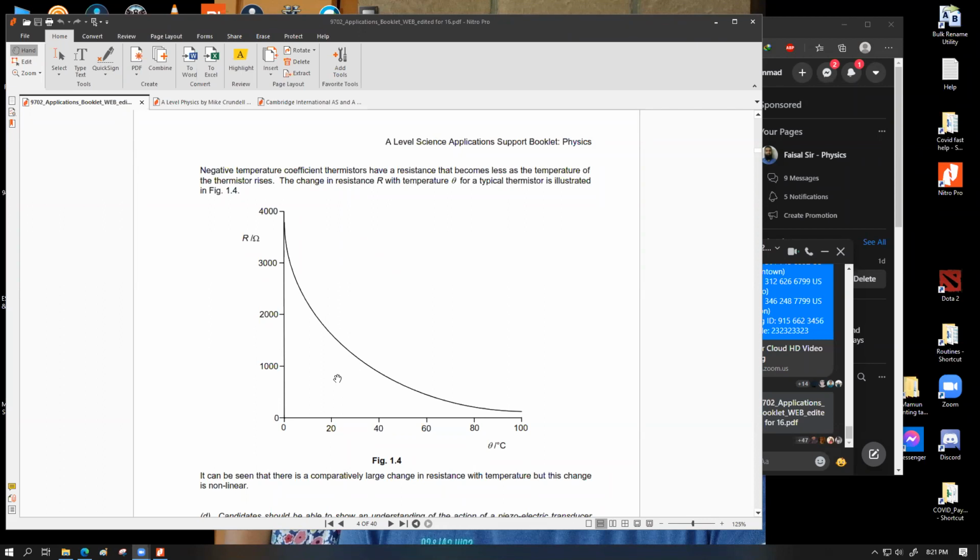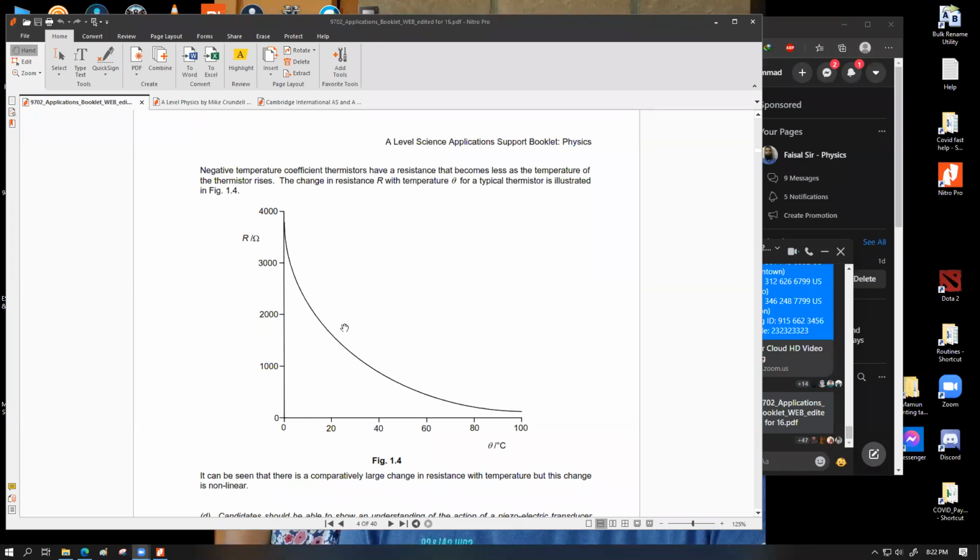So it's not a constant that every thermistor would look exactly like this. However, what I want you to look at is that when the temperature is 0 degrees Celsius, you have a measured value of resistance, which means this graph does have a y-axis intercept.